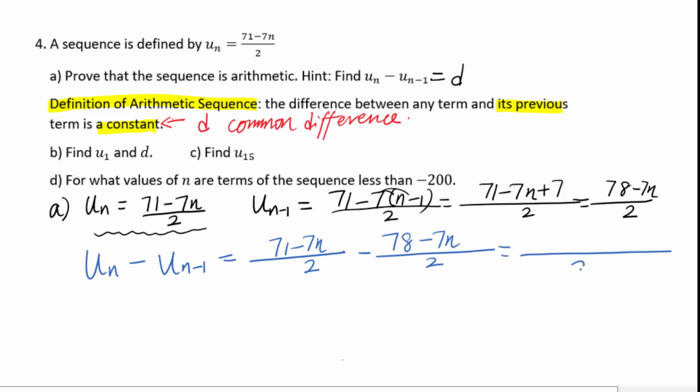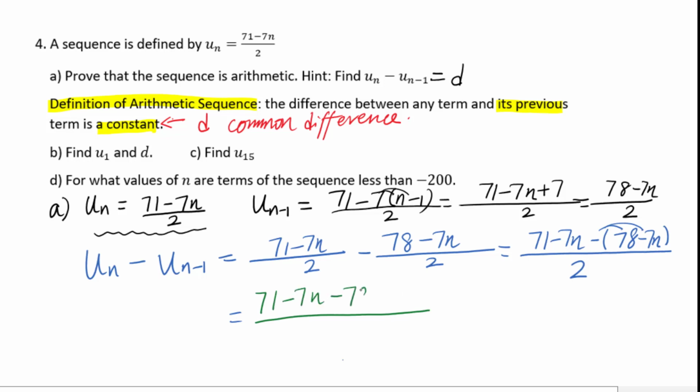Put these two together, we have the same denominator: 71 minus 7n minus, don't forget the parentheses, (78 minus 7n). Then we do the distributive property. We will get (71 minus 7n minus 78 plus 7n) over 2.